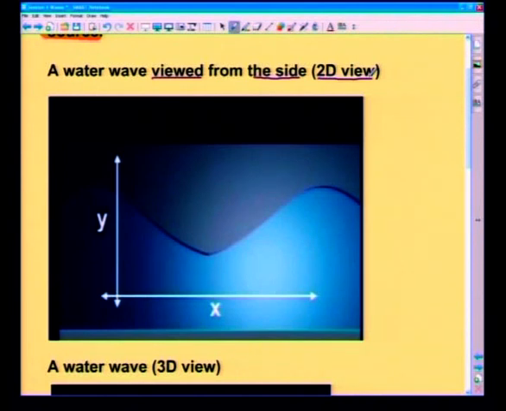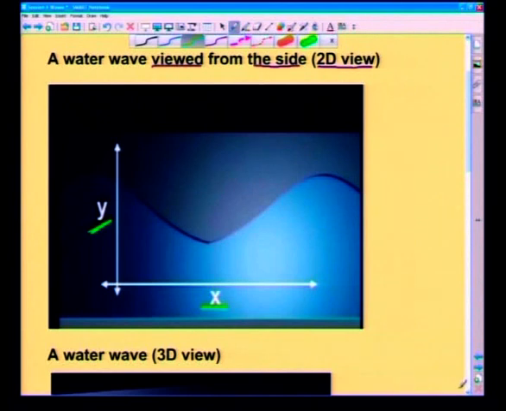In other words, you've got the Y and the X, the Y view and the X view. That is two-dimensional. When you look at this wave in a two-dimensional version, that is the shape you will see, having the height and the length there by the bottom.